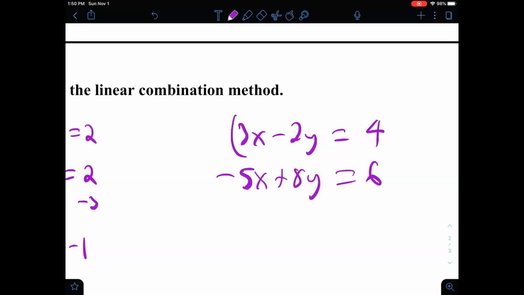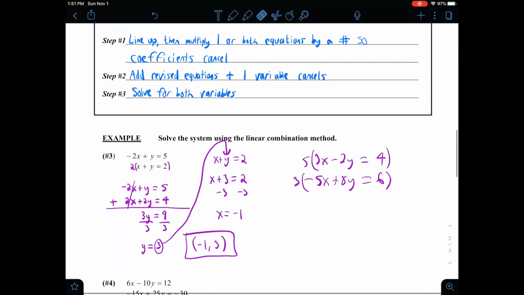So I'm going to multiply the top by 5 and the bottom by 3. And that will automatically give you opposites. The reason I multiply these both by positives is because we already have a positive 3x and a negative 5x here, so we want them to be opposite numbers. So you've got to look at the signs too, okay? Just be careful, but that's a shortcut. If you're struggling with how to figure out the least common multiple, you can just multiply by the opposite numbers there.